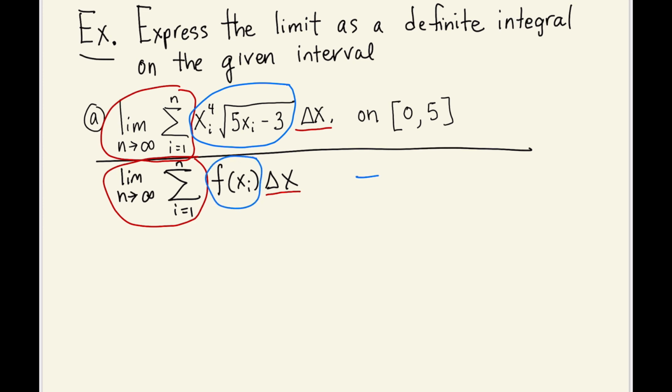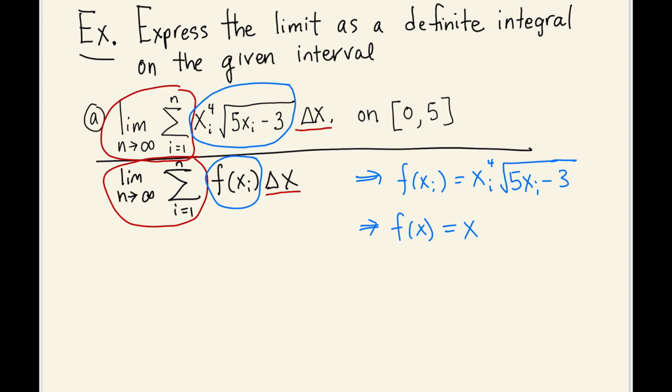So this tells me f of xi is xi to the fourth times the root of 5xi minus 3. That implies f of x is the function that takes my input, raises it to the fourth power, and then multiplies by the root of 5 times my input minus 3. That is my function, and that's really the key of what I need to know.